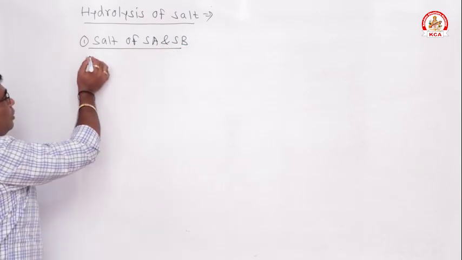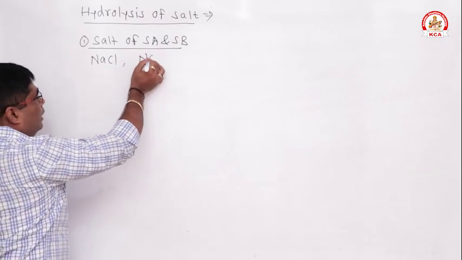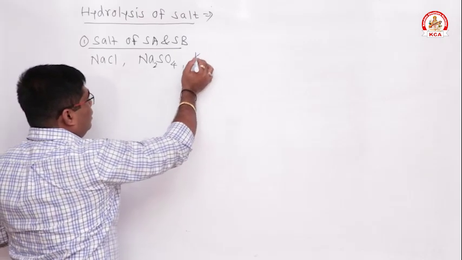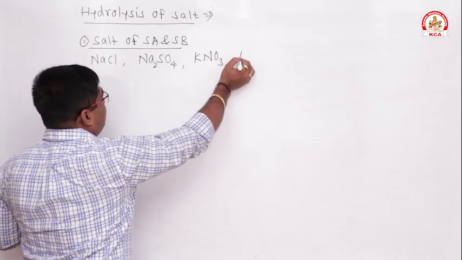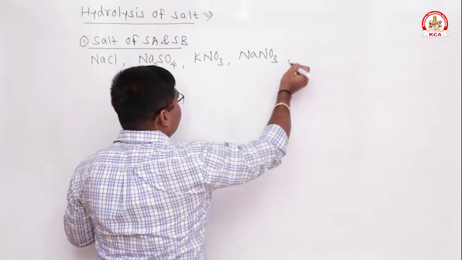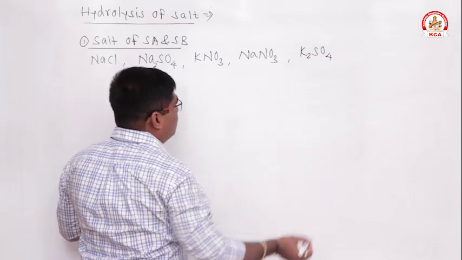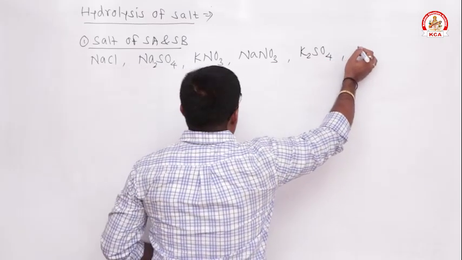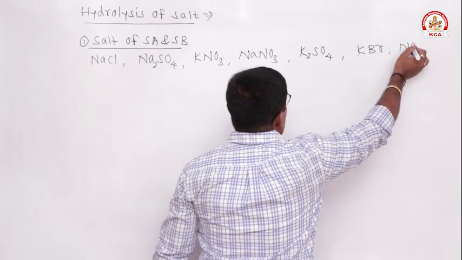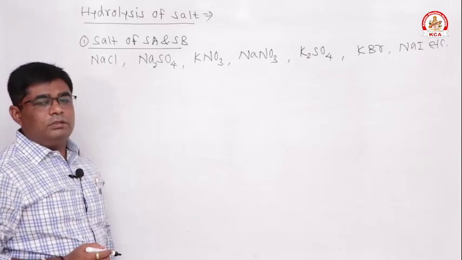Examples: NaCl, then Na2SO4, then KNO3, NaNO3, K2SO4, then KCl or KBr, then NaI, etc. These are the examples of salt of strong acid, strong base.